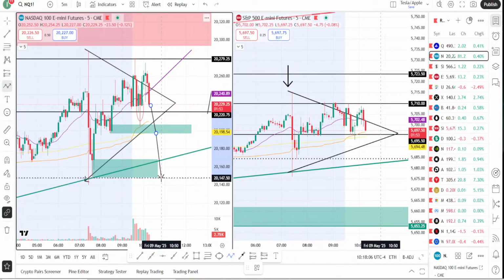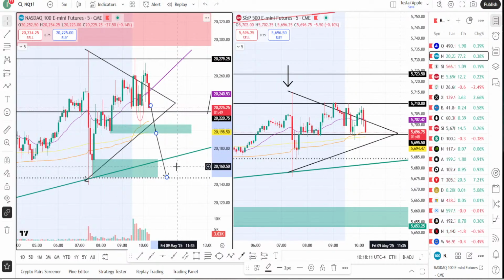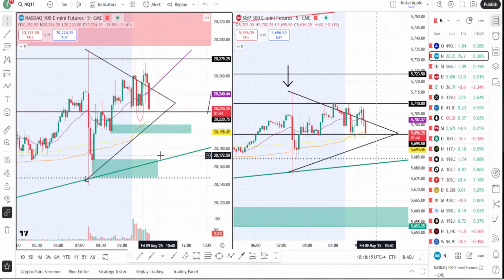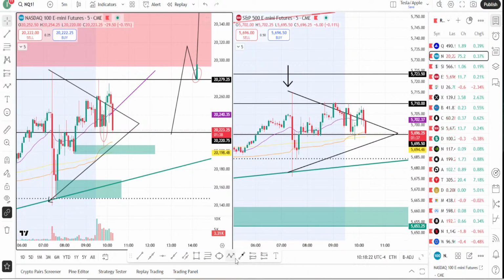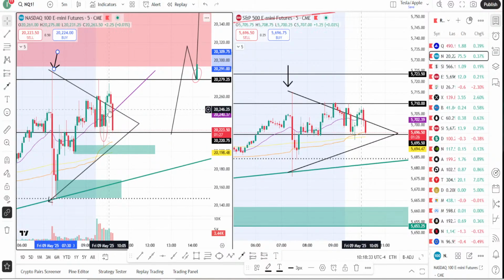Could go up, or we could go down to this one and then start to go up. This is what I was saying. I didn't want to trade inside this candle range. It's all chopping here. Gotta be really careful.